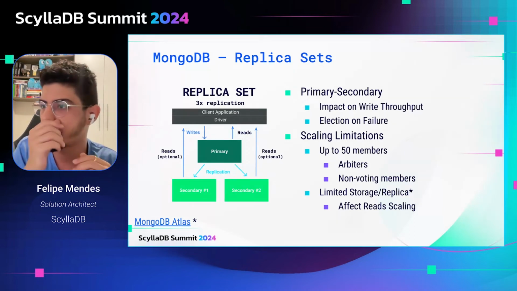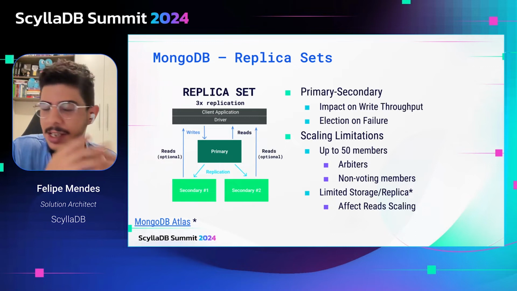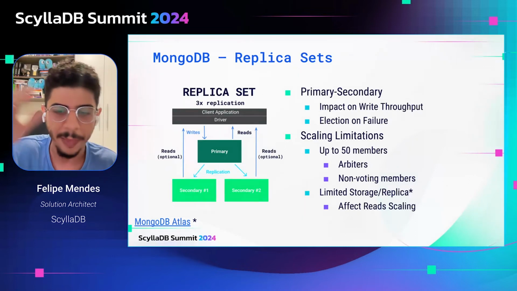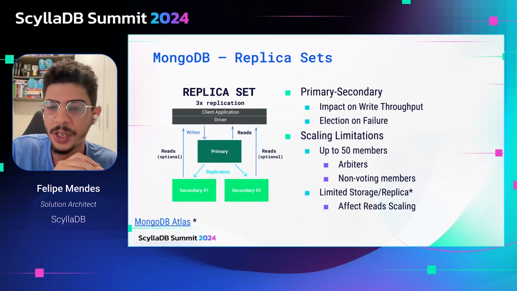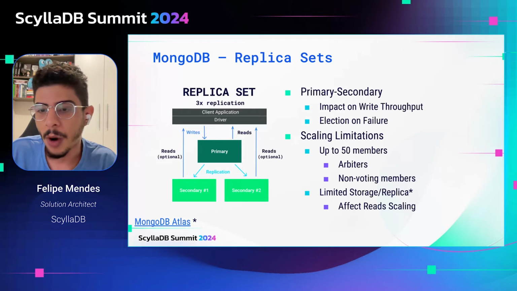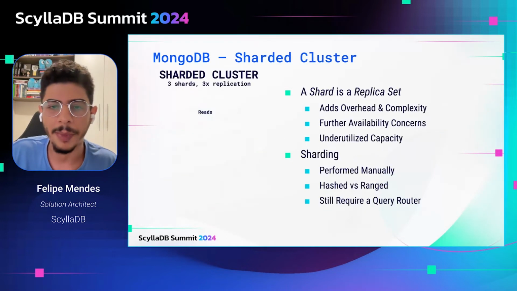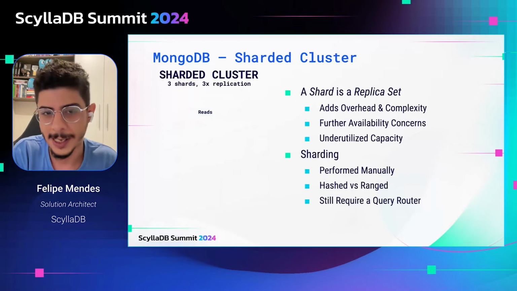And if you look into the MongoDB Atlas documentation, for example, you will notice that a single member, a single node, and thus an entire replica set, can only hold up to 3 terabytes of data. So the question is, what if you need to store more than 3 terabytes of data in a single MongoDB replica set?